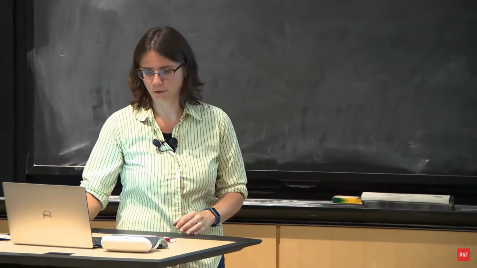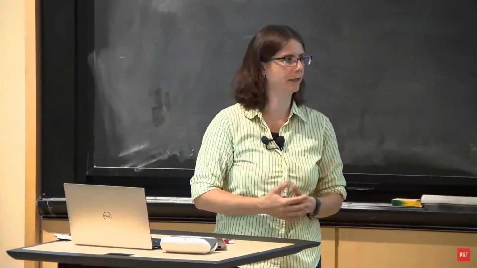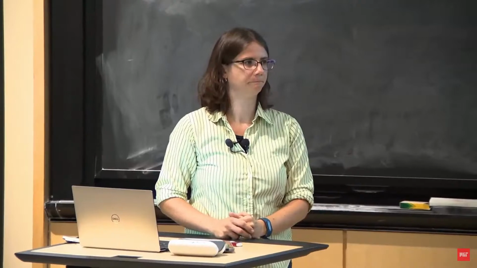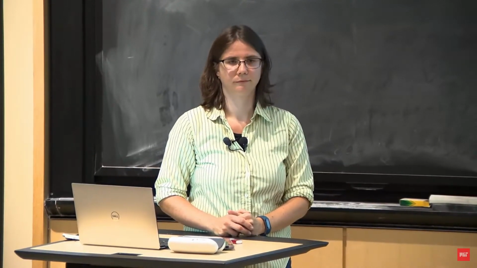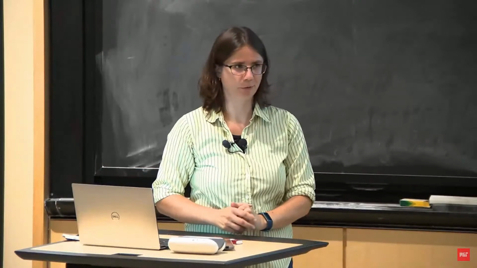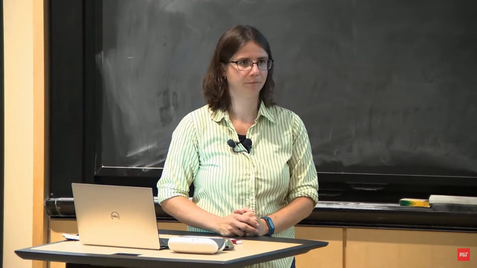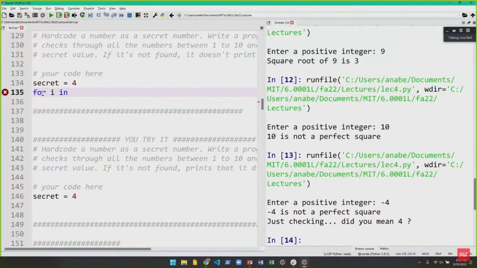Okay, so tell me some code for the first one. So if we find the number, print we found it, and otherwise do nothing. What's better, while loop or for loop? For loop, yeah. For, let's say I, in, range.